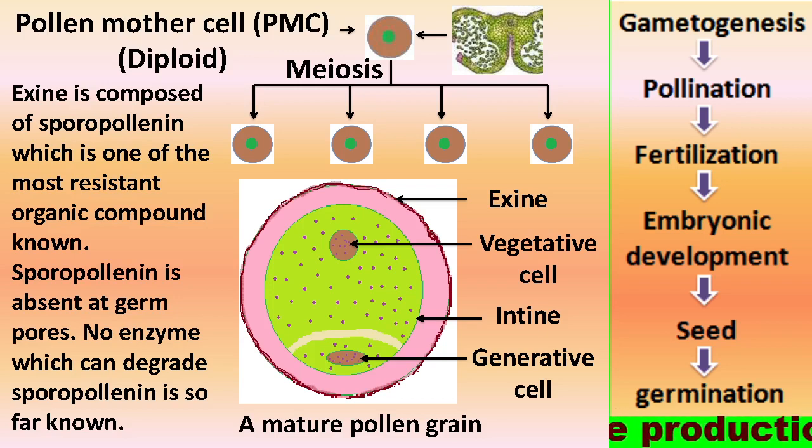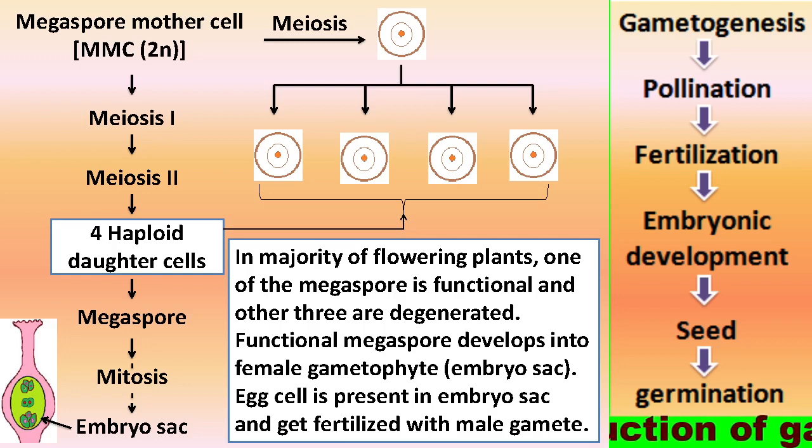Now come to megasporogenesis. What is megasporogenesis? Megasporogenesis is the production of megaspore, and in a similar fashion as microsporogenesis occurs, here also meiosis is involved, and the megaspore mother cell has 2n number of chromosomes.